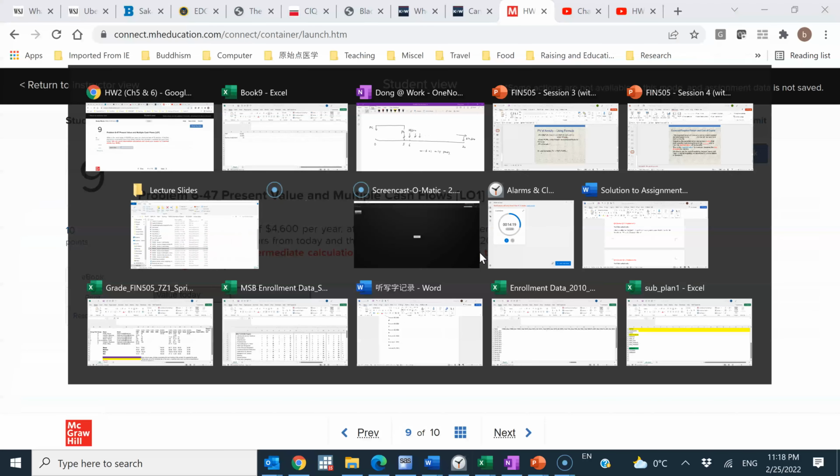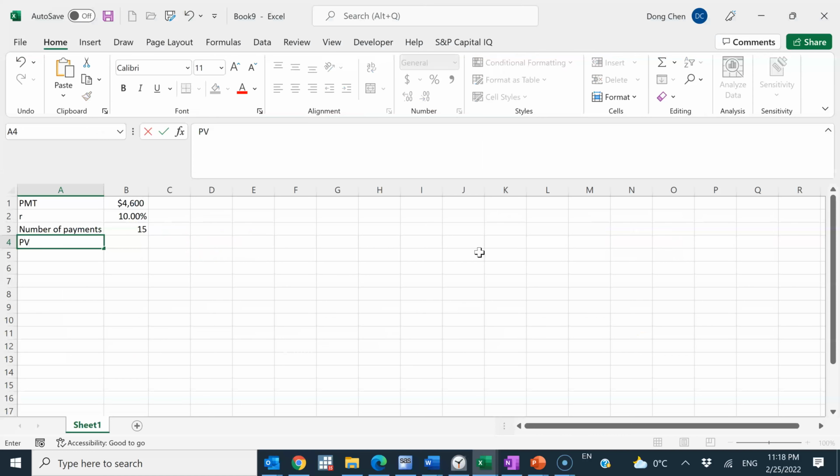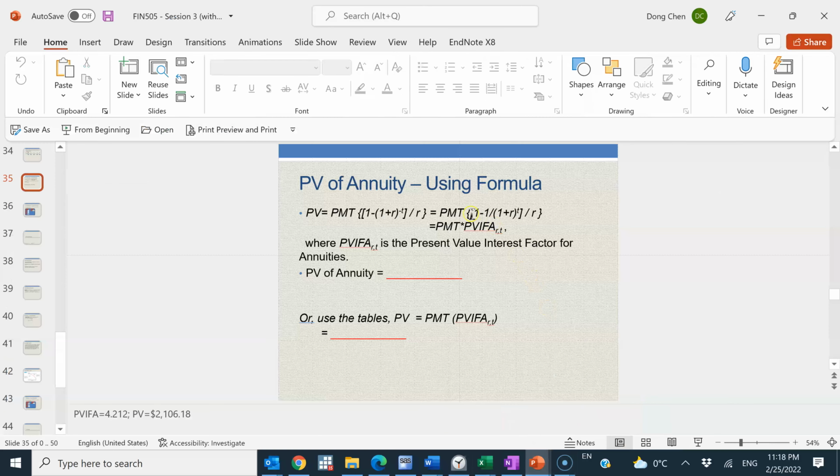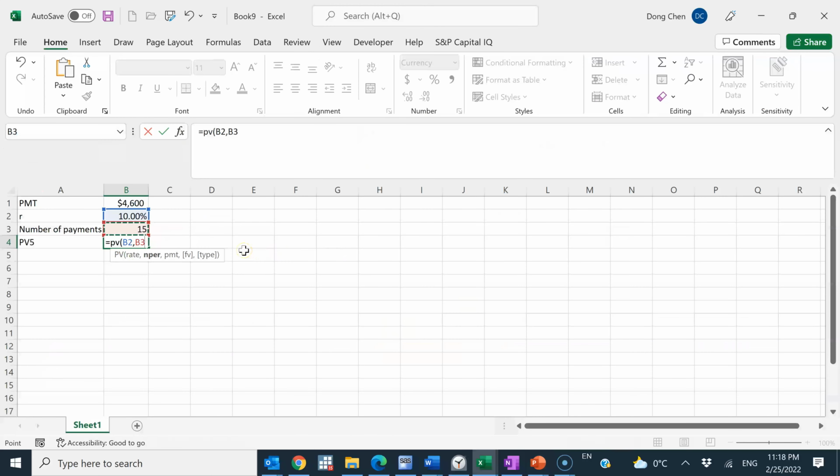As we said, we first need to get PV5. For PV5, we just use the formula for the ordinary annuity. We use the PV function, open it, and enter the interest rate and the number of annuity payments. That's what this NPER means, and also what this T in the formula means.